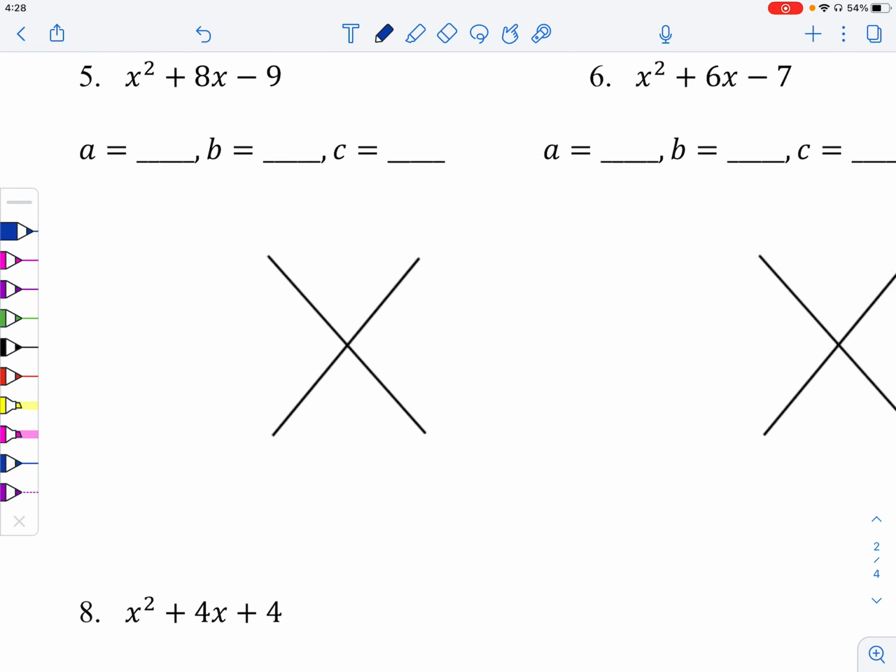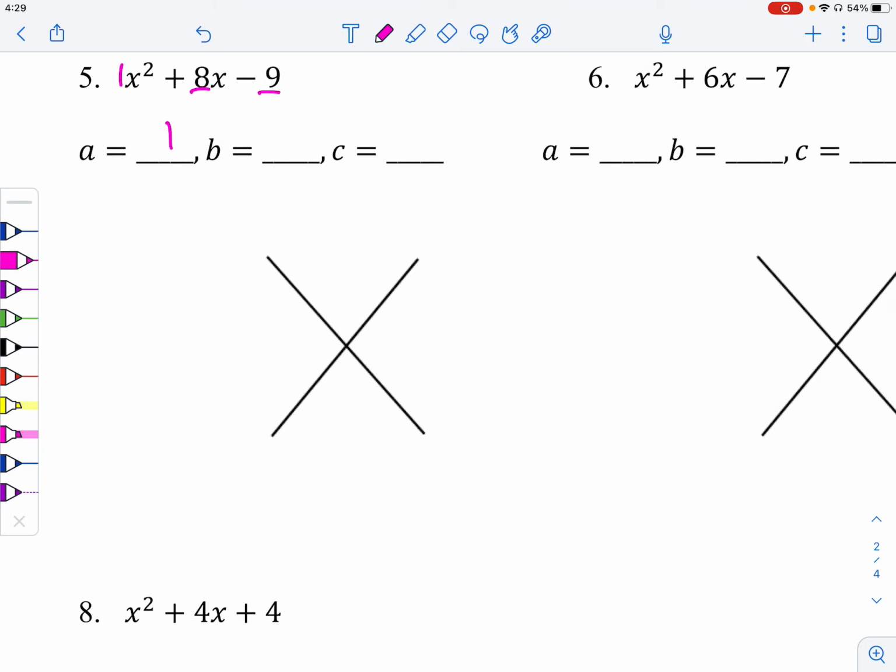Okay, number 5. Same thing, we find our numbers. We got 1, 8, negative 9. So A, B, C. What goes on the top? 1 times negative 9, which is negative 9. Our B is 8, it goes in the middle.